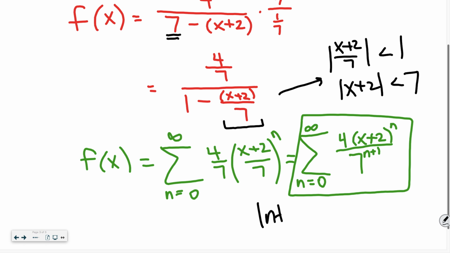So our interval of convergence, from -2, we're going to go up 7 and down 7. It's centered at -2.